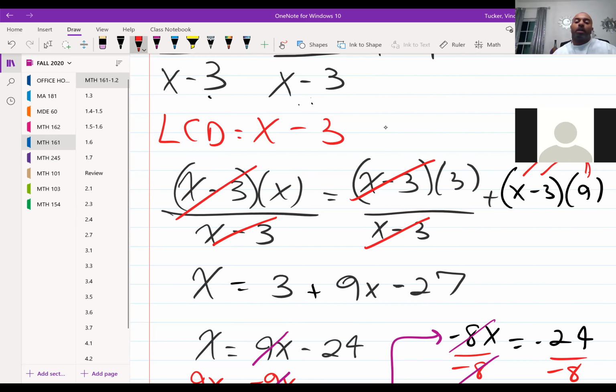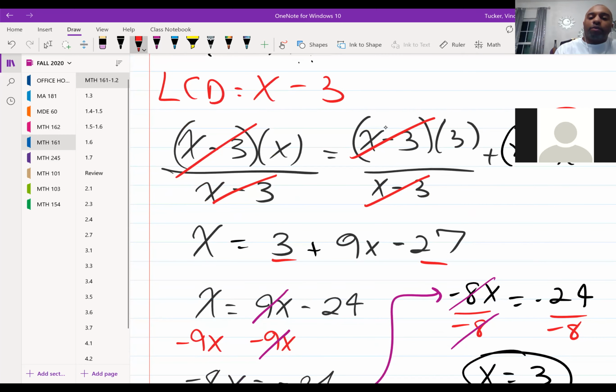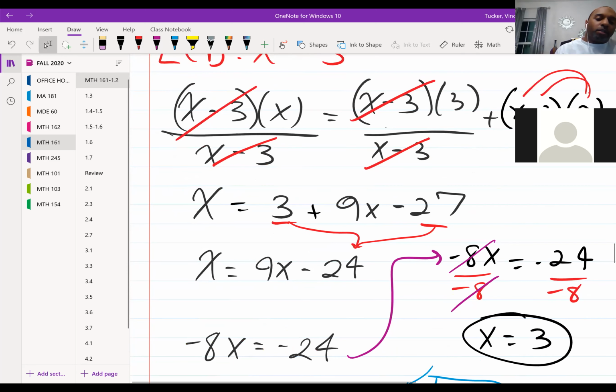Next move, combine your like terms. We have 3 and negative 27. 3 minus 27 is negative 24. So that will give us x equal to 9x minus 24.